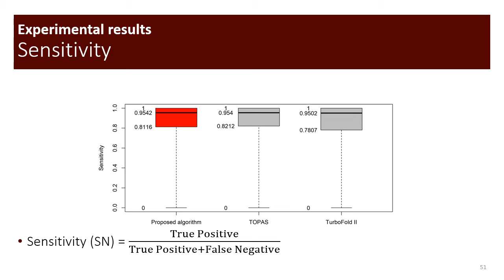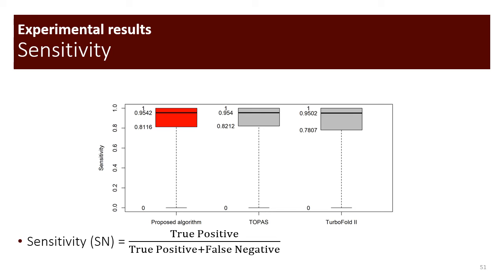This is the comparison of the algorithms in terms of sensitivity. The higher, the better. To compute the sensitivity, we compared alignment results from the aligners with the ground truth alignment. The true positive value is the number of base pairs that are correctly aligned. False negative is the number of base pairs we miss.